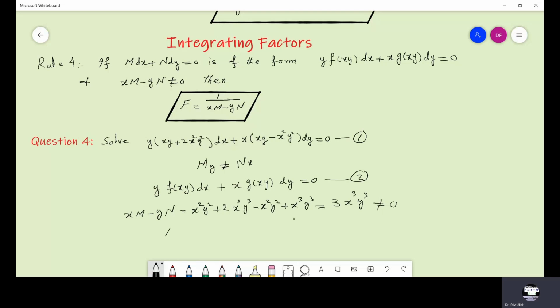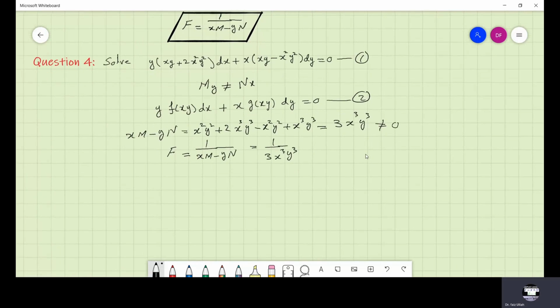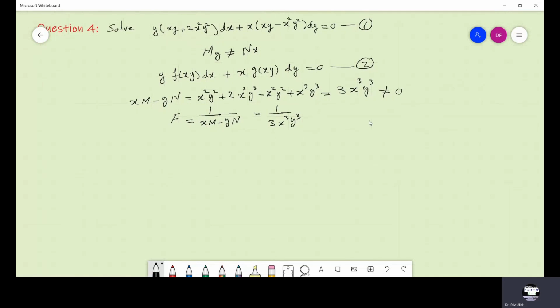So equation 1 is of the form 2, and xm minus yn is not equal to 0. Therefore, the integrating factor for this problem is f is equal to 1 over xm minus yn, which is equal to 1 over 3x cube y cube. Let us multiply equation 1 with the integrating factor.